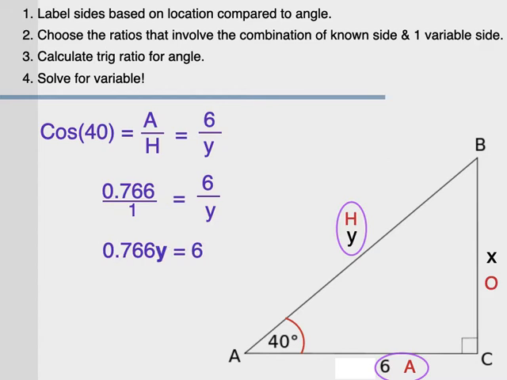When you cross multiply, you get 0.766 times y equals 6. And then you finish getting y by itself. You divide both sides by 0.766, and you get that y equals around 7.83.